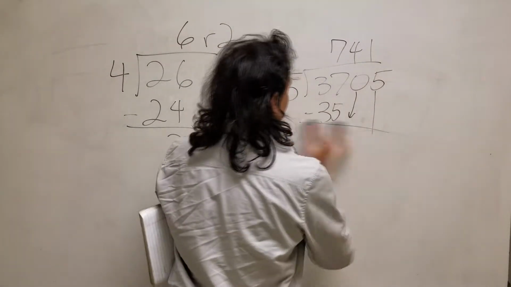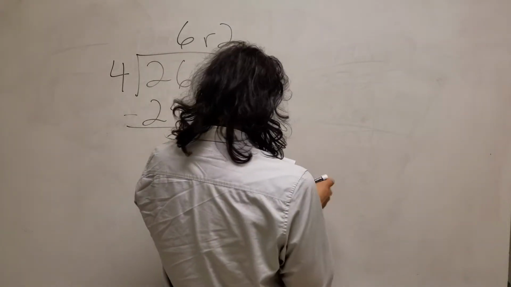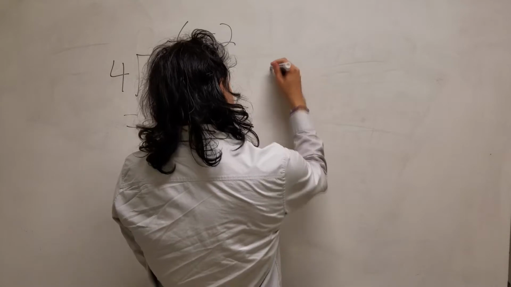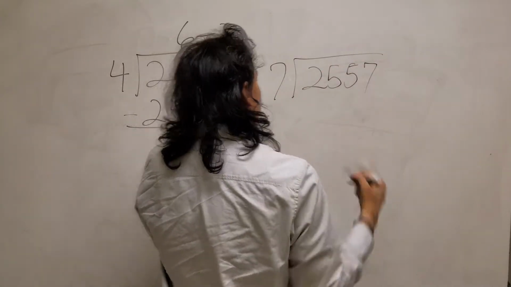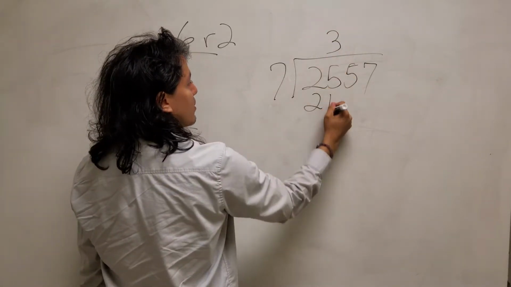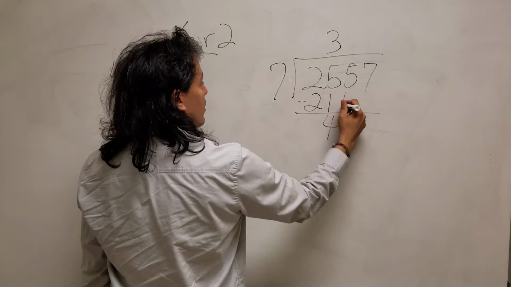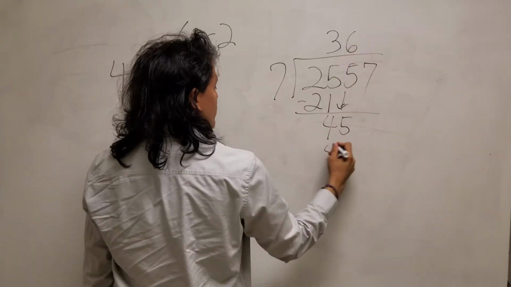Let's do one more real quick. So let's say I did 7 divided into 2,557. 7 can go into 25 3 times. Bring down the 5. 7 goes into 45 6 times.